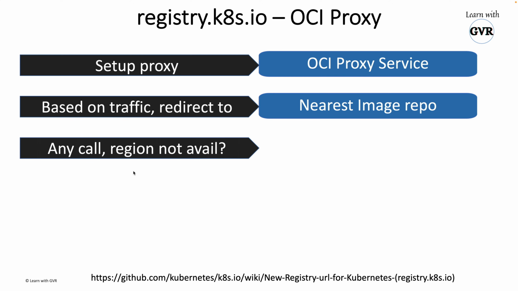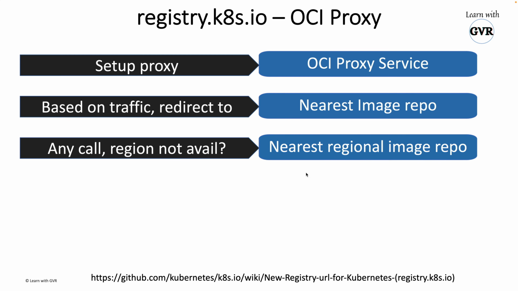Say some of the countries like Indonesia, or other regions where AWS or any other cloud is not available, will pull from the nearest image repositories. The overall concept is they are going to set up a new registry across multiple places, multiple regions, and if a region like Indonesia is not available, they will pull from the nearest one like Singapore or any other.